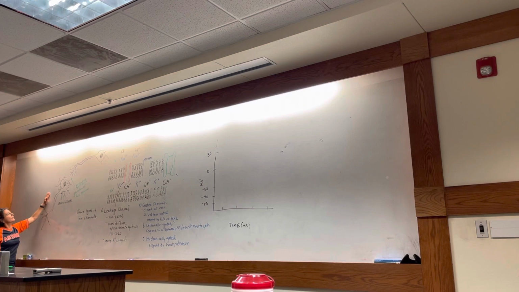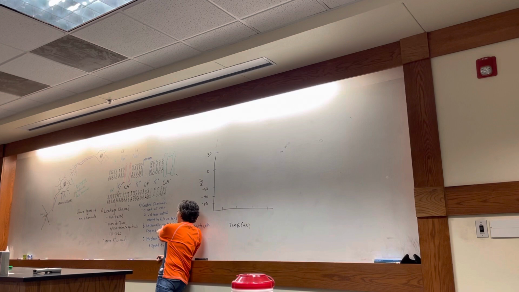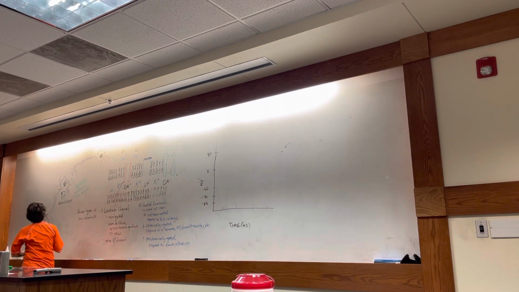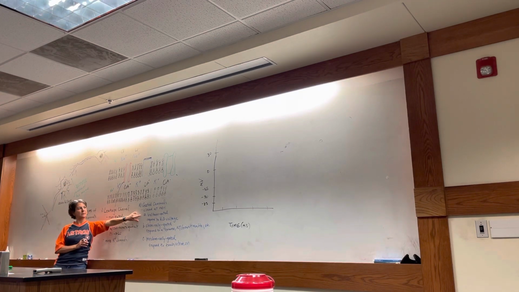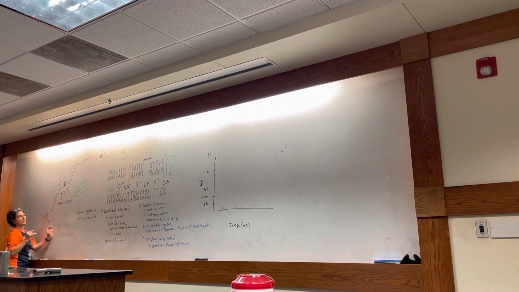And I didn't say this last time: chemically gated and mechanically gated transmembrane proteins are located in the soma and on the dendrites. Voltage gated channels are along the axon. So we're going to focus on the voltage gated channels, all those channels here.